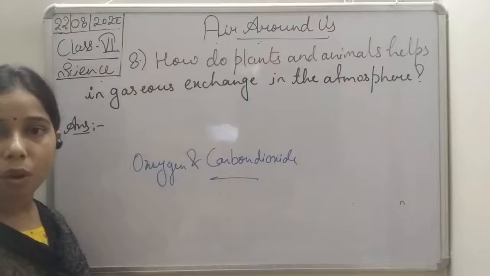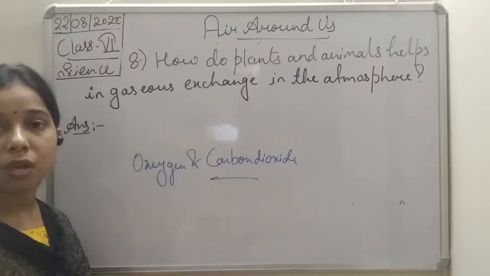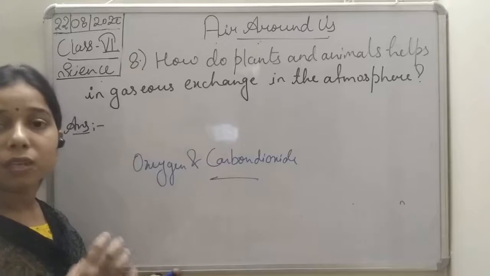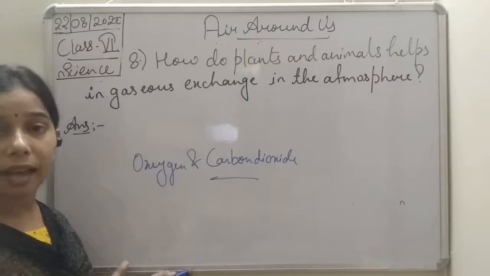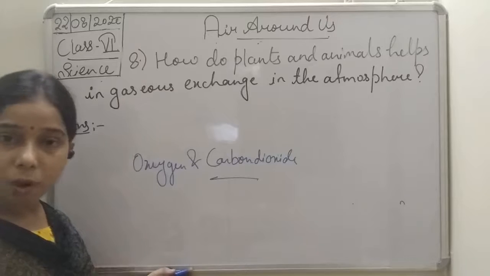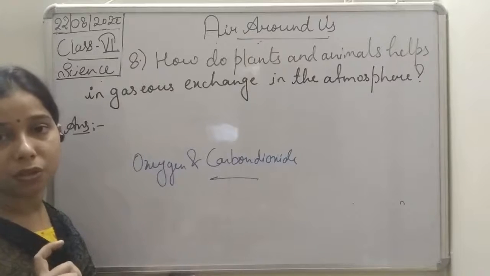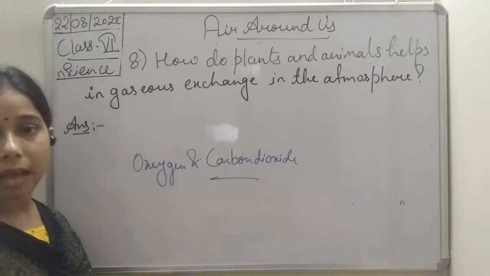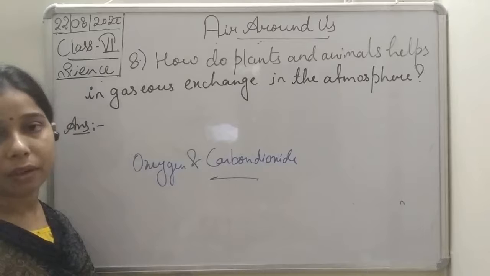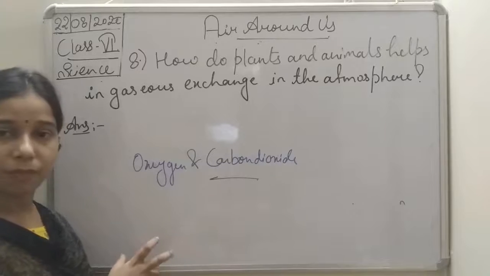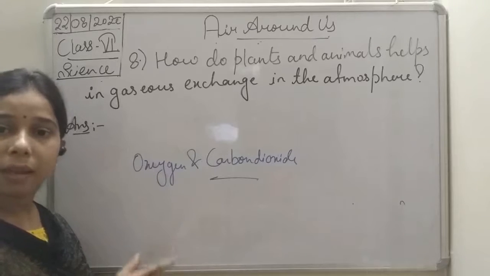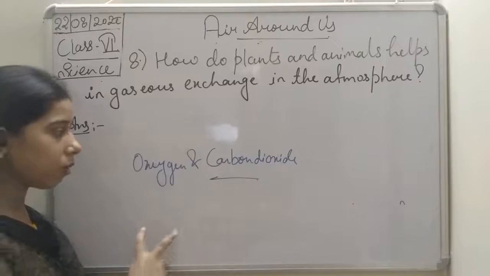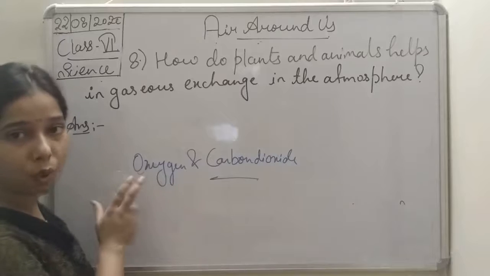This oxygen helps in the breakdown of the food, and it releases energy and a gas, carbon dioxide. This process is known as respiration. So for the process of respiration, animals, plants, and all the other living organisms need oxygen. This oxygen helps in the breakdown of the food and releases the energy.